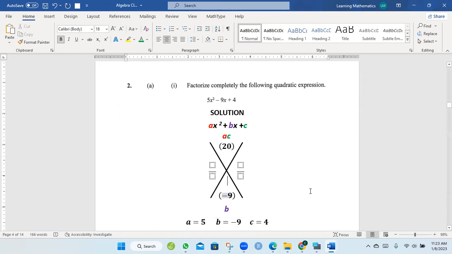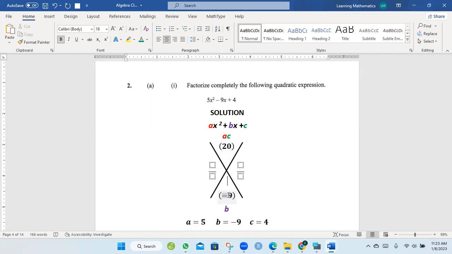The next step now is to find two numbers, two factors. When you multiply them, you're supposed to get positive 20, and when you add them, you're supposed to get negative 9.